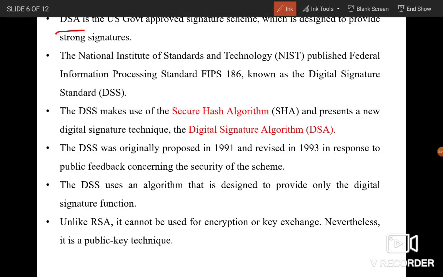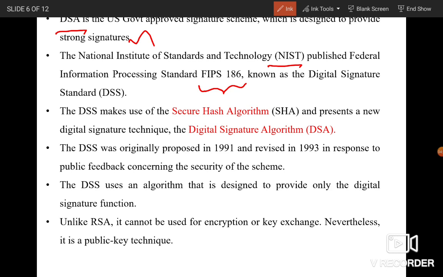So DSA, that is the digital signature algorithm, is the US government approved signature scheme. It is used to provide a strong signature, and it is published by NIST, the National Institute of Standards and Technology, as the standard known as FIPS 186, the Federal Information Processing Standard.